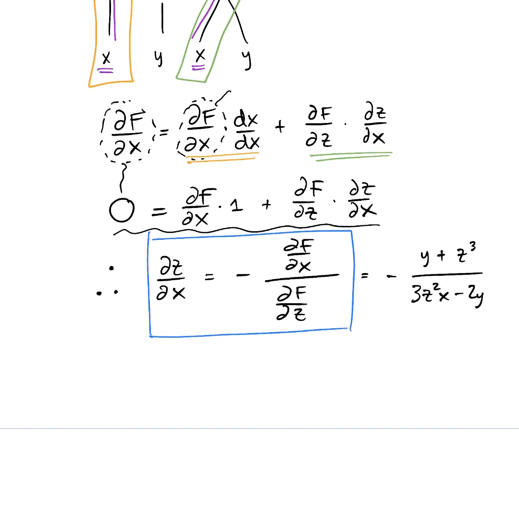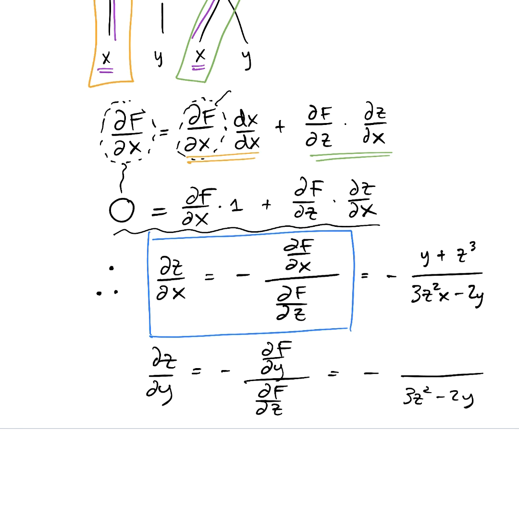As an example, what if instead you had been interested in dz dy? Then dz dy equals, bam, straight to the blue box, negative df dy over df dz, denominator the same.